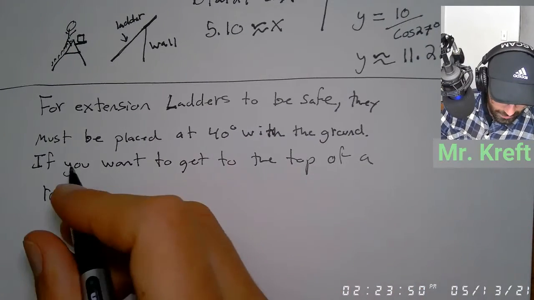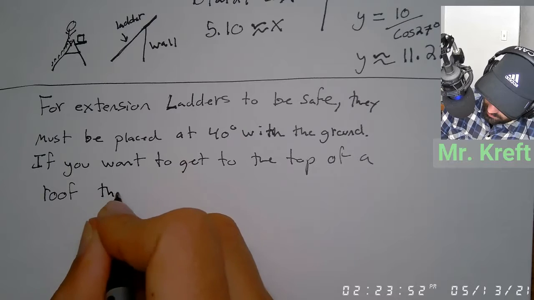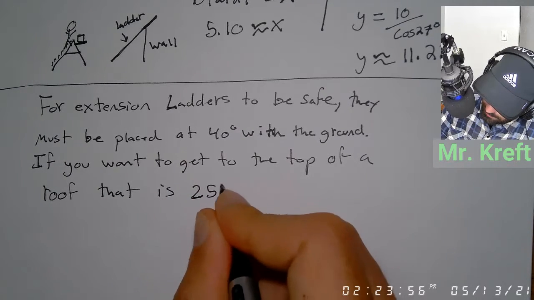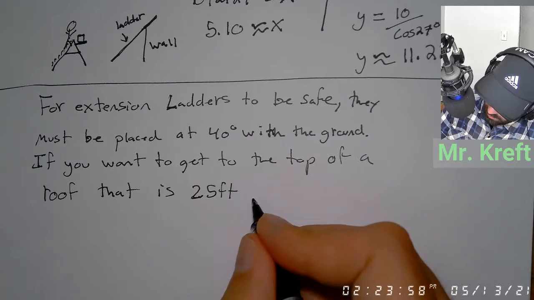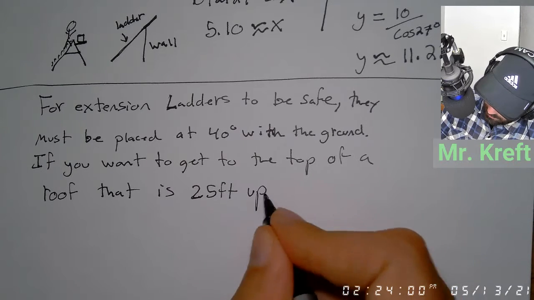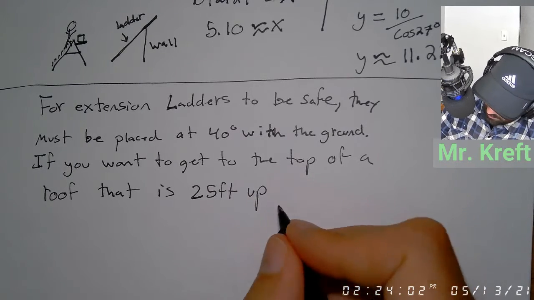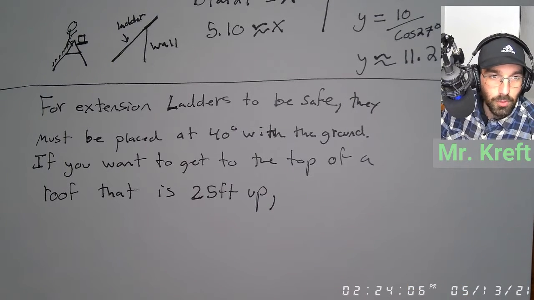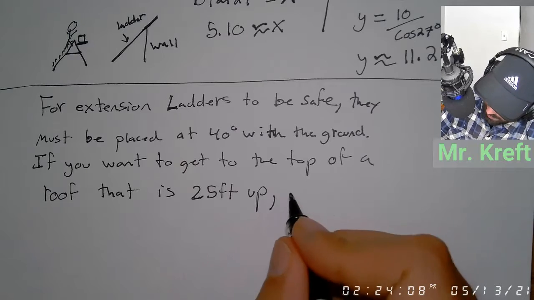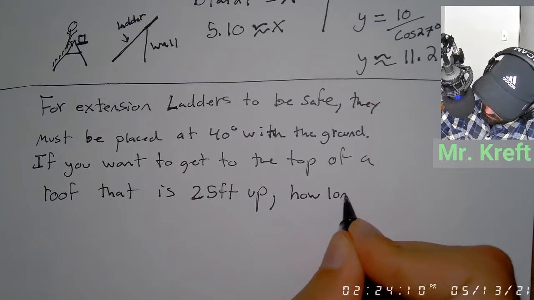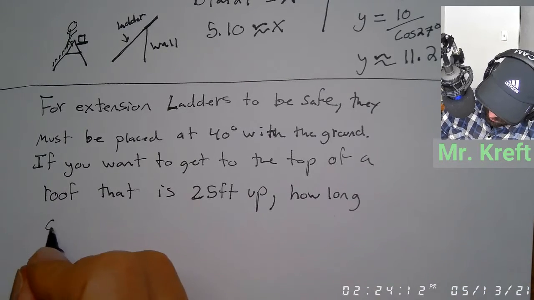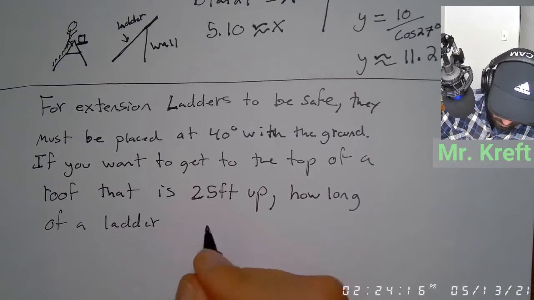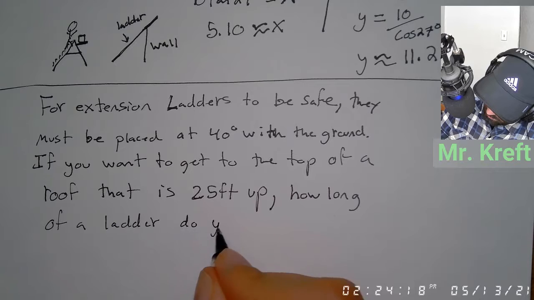If you want to get on the top of a roof, let's say that is 25 feet up. Okay. So if you want to get to the top of a roof that is 25 feet up, how long of a ladder do you need?